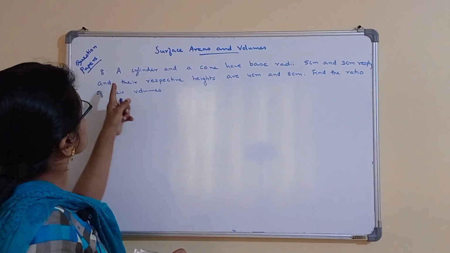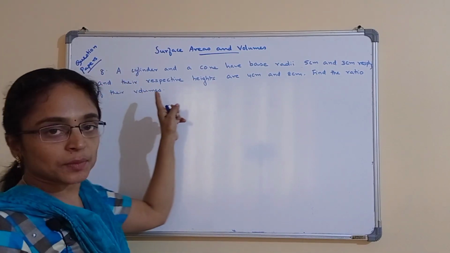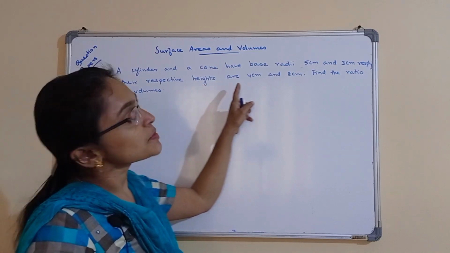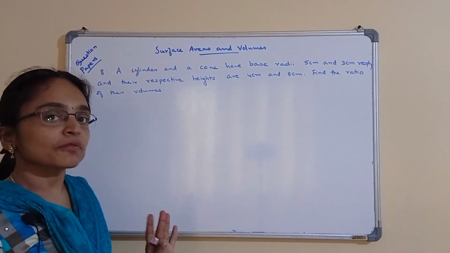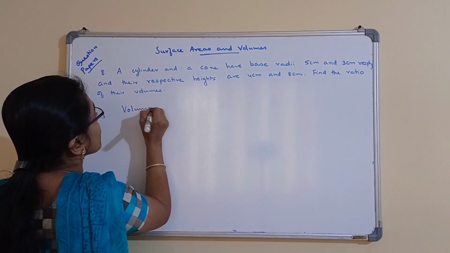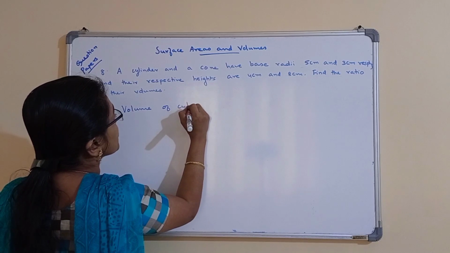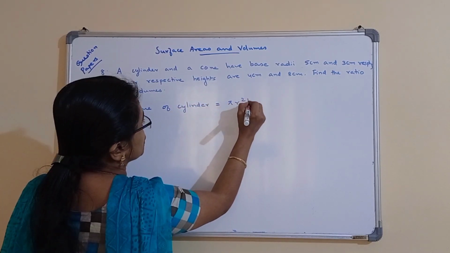Now 8th question. A cylinder and a cone have base radii 5 cm and 3 cm respectively, and their respective heights are 4 cm and 8 cm. Find the ratio of their volumes. So first, volume of cylinder. Volume of cylinder equal to pi r square h.